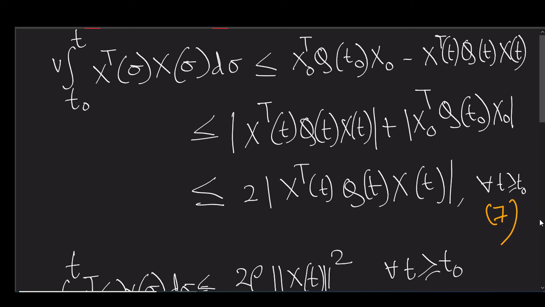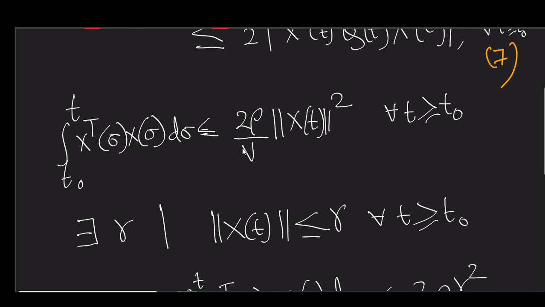So from 4 and 7, what we get is that x transpose x d sigma is less than or equal to 2 rho by v x d square for all t greater than or equal to t0. Now what we can show is that the state equation is not uniformly stable.